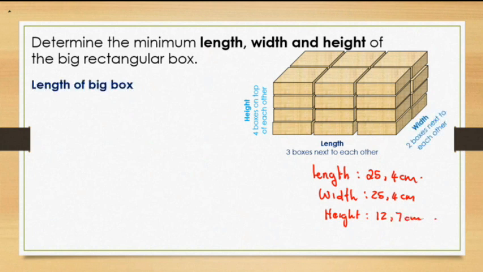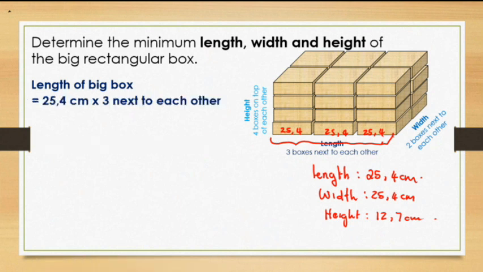Now we're going to start with the length. The length has 3 boxes, so that is 25.4, 25.4, and 25.4. I want to make it clear that in case they say they want spaces in between, you'd know you have to add that. Right now, we just say 25.4 times 3, and we get our answer, which is 76.2 centimeters.